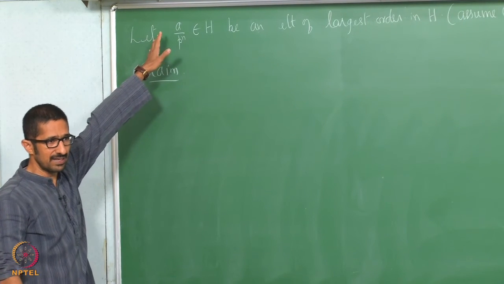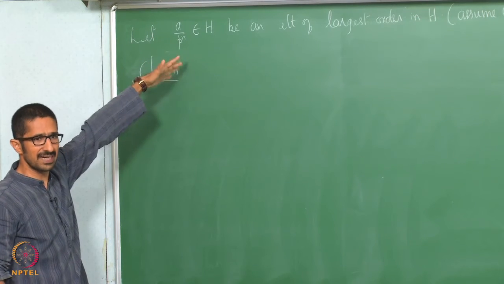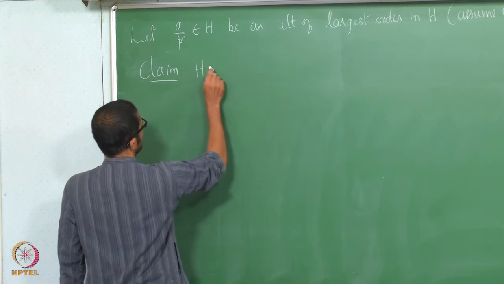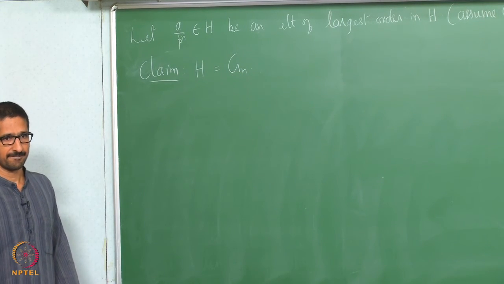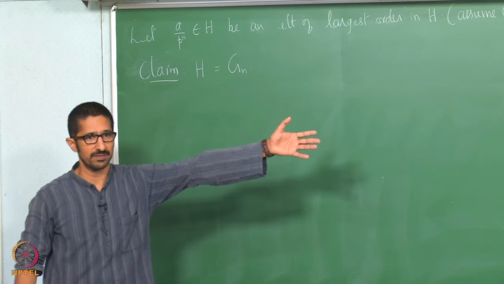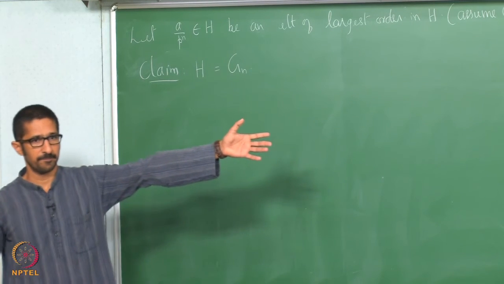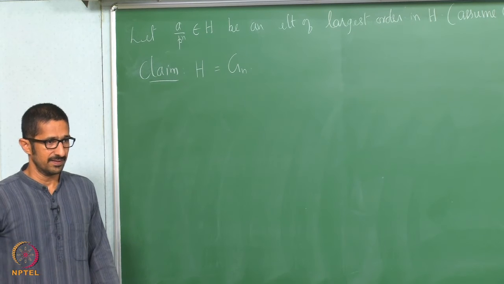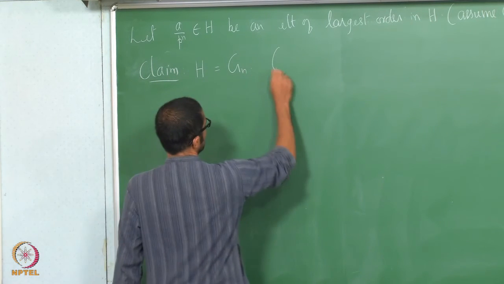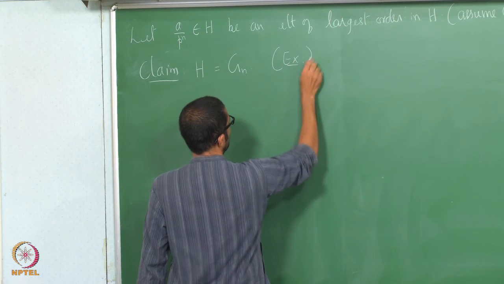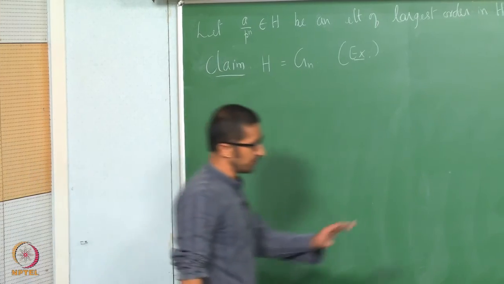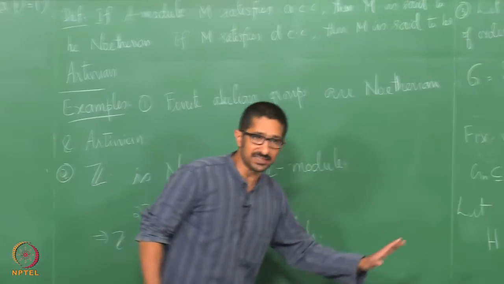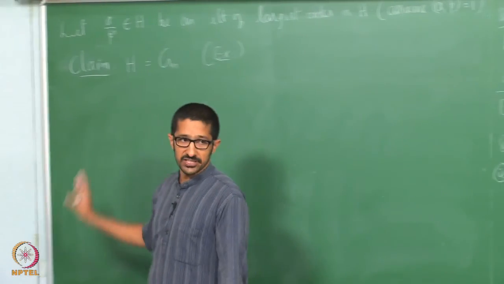If a by p power n, if a has a factor of p, I can always cancel this. Then I claim that H is G n. I mean, that is kind of clear from what we have. Okay. So, I will leave this as an exercise. So, what we have shown here is that every finite subgroup is G n.